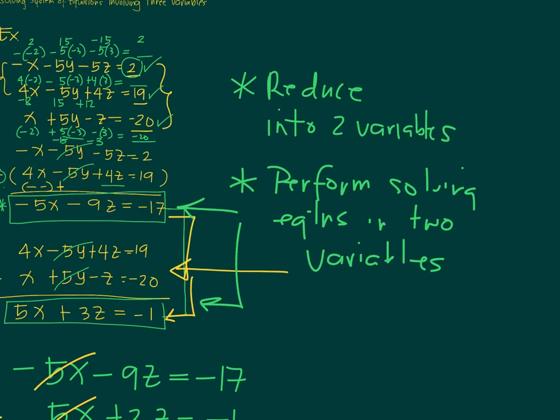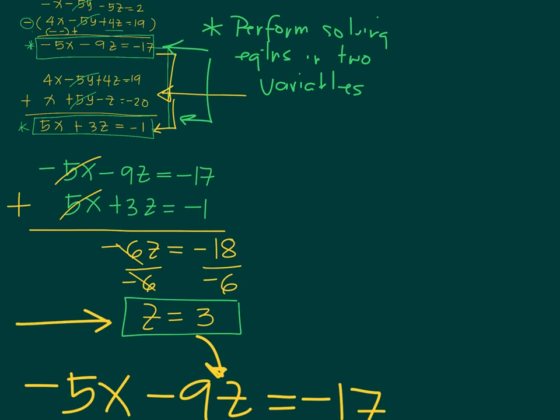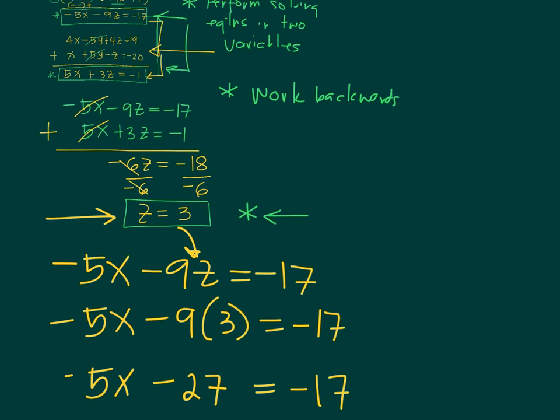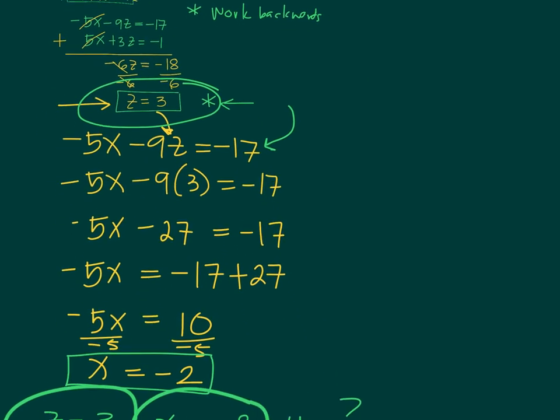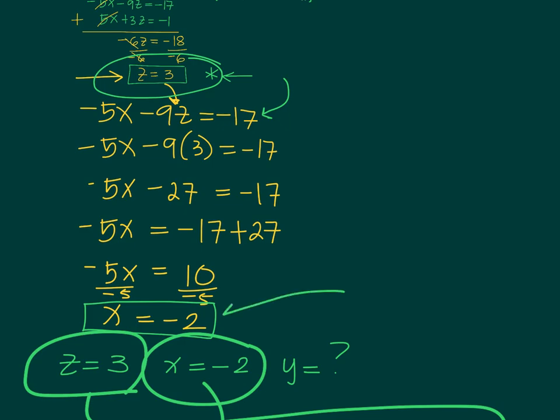And once you do that, you'll get one of the values, in this case the z, and then work backwards to find the x. We went to one of the equations, minus 5x minus 9z equals negative 17, and substituted the z, and eventually that led us to the value for the x.